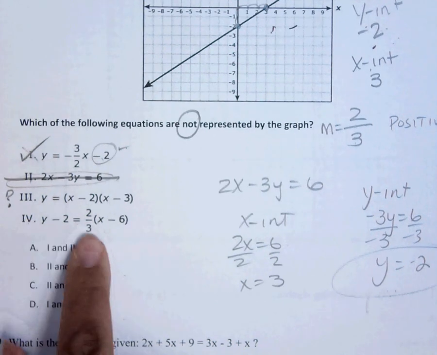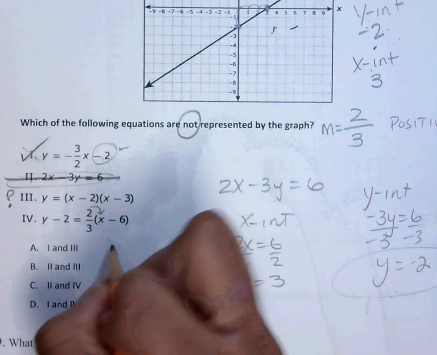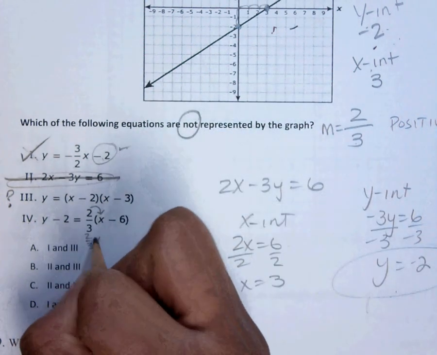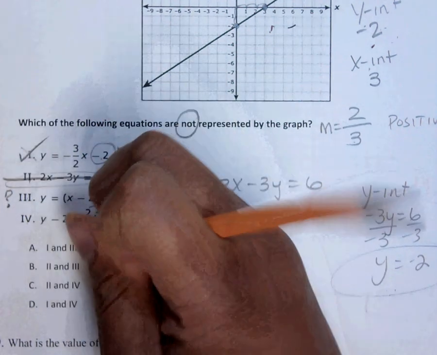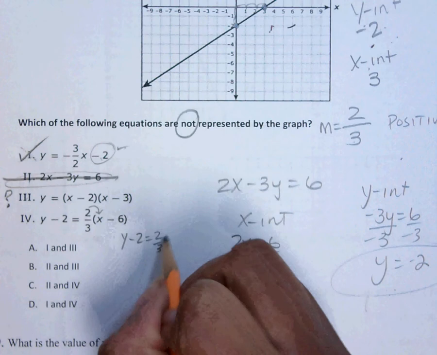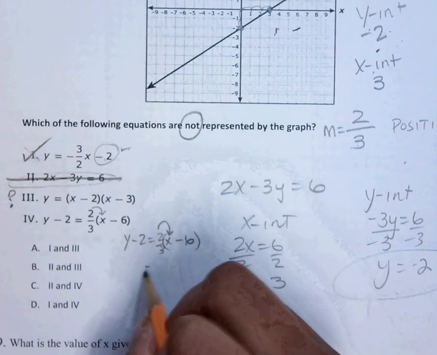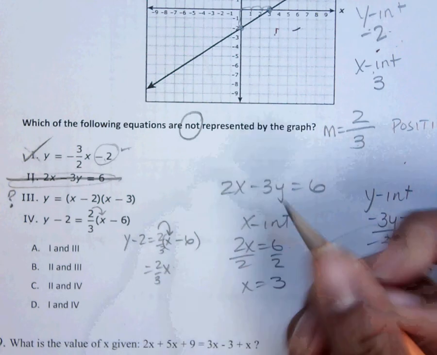This is in point slope form. So 2/3 times x is 2/3 x. And so that we have a little more room, let me rewrite that here so you can see me distribute. So when I multiply that, it gives me 2/3 x.